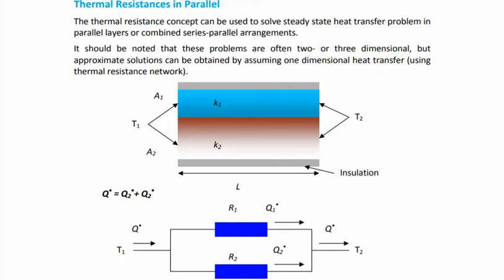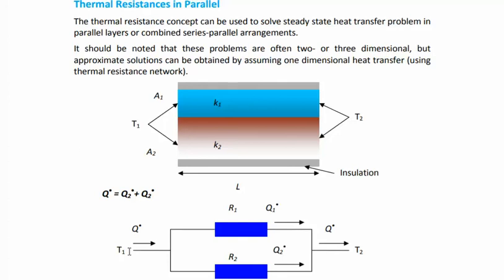K1 and K2 have different material values, and the area of wall 1 and wall 2 could differ, and that will be calculated further. For the complete heat transfer, we have to calculate the values of Q1 and Q2.